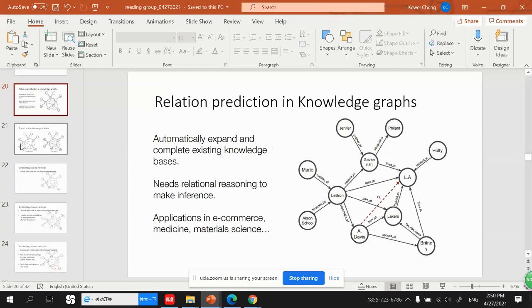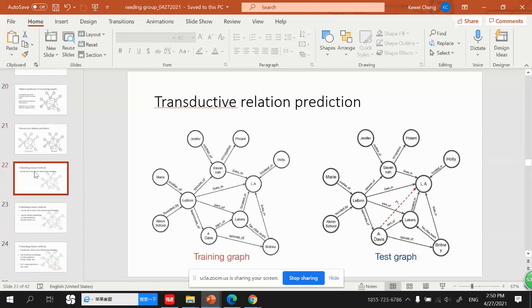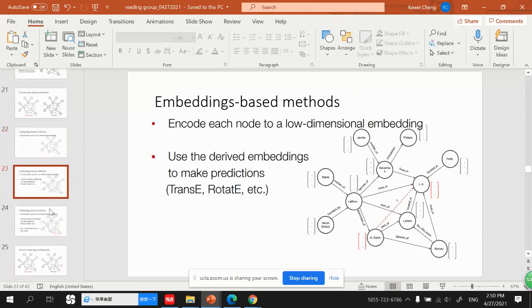In order to solve the inductive setting, the basic idea is that as long as we can capture this hidden pattern, we can transfer it to a new graph. Even though we do not observe the entities in the new graph, we can still do the prediction following this hidden pattern. Okay, probably you can keep going, because I still didn't quite get the meat from this paper yet. Yes, sure.